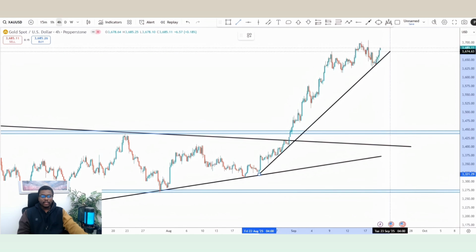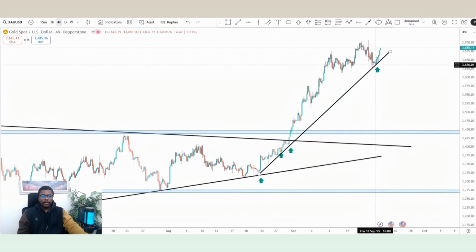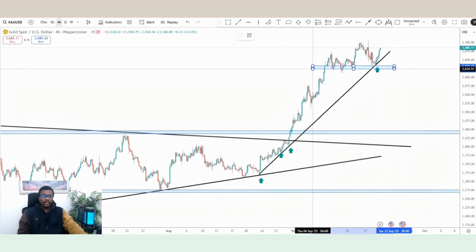There we can see price reacting to these areas, or the multiple touches on this trend line, as well as here. So price came down there, and this area also coincides with the support level, this area that touched the trend line as well.